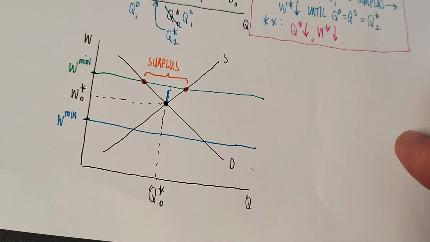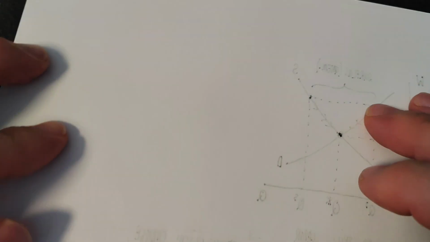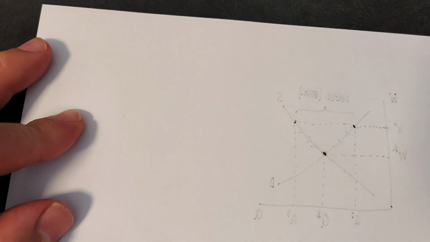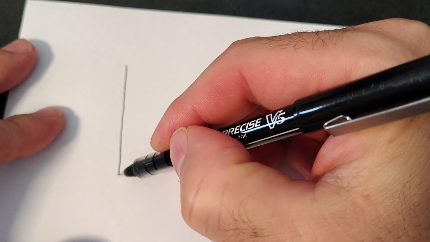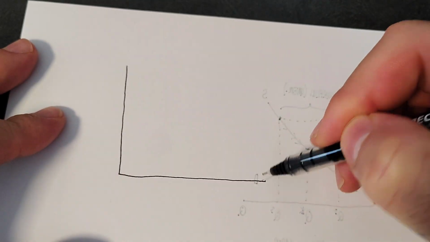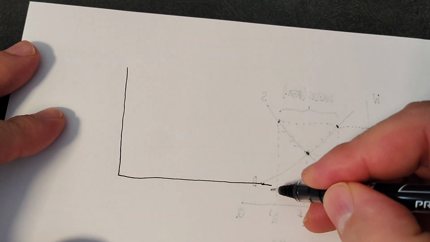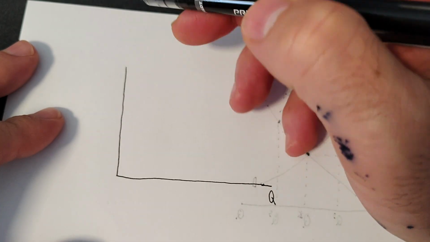All right. Let's do one last example with financial capital. And that should give you enough to work on when I assign some problems. So let's go ahead and graph a market here for financial capital. All right, so now we're going to put quantity of financial capital there, but again, don't forget what the price is in the financial market.